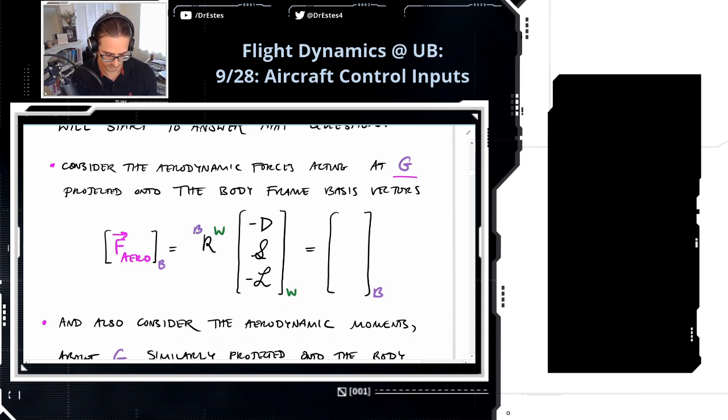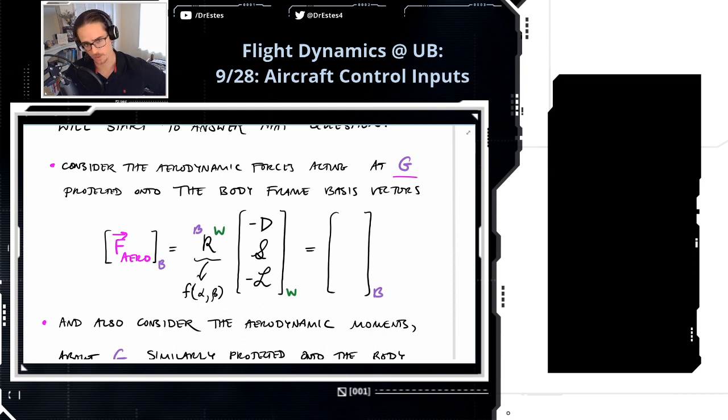And just to remind you, I think we did this last time, this rotation matrix is going to be a function of the angle of attack and the side slip angle. And we derived this kind of like an Euler angle thing.